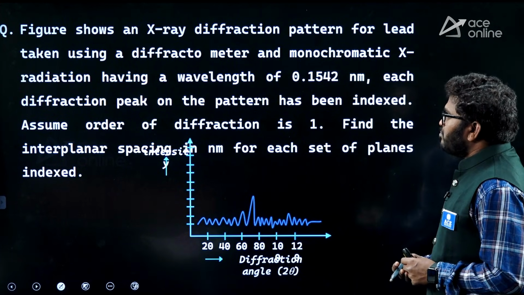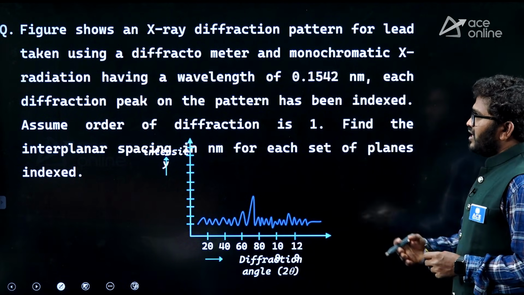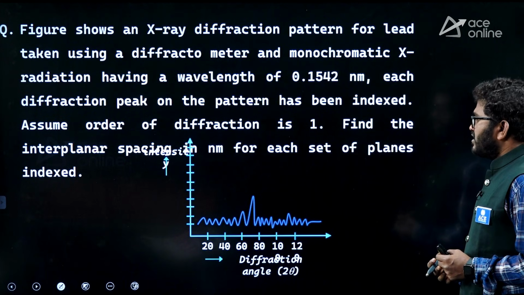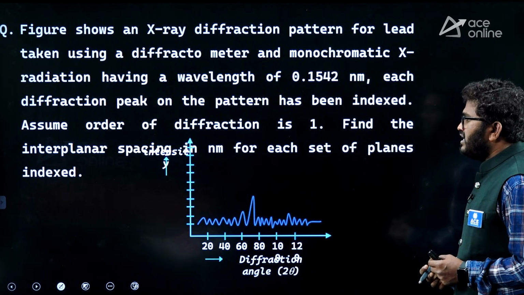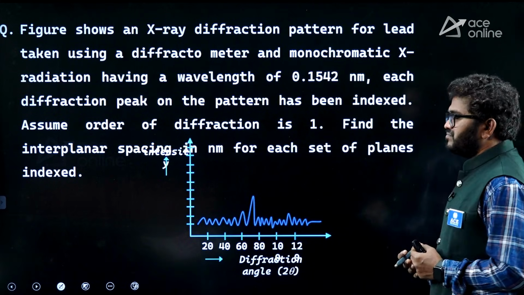Each diffraction peak on the pattern has been indexed. Assume order of diffraction is 1. Find interplanar spacing in nanometer for each set of planes indexed.